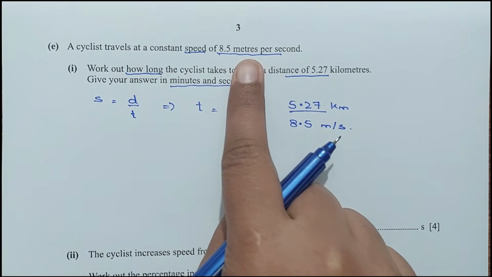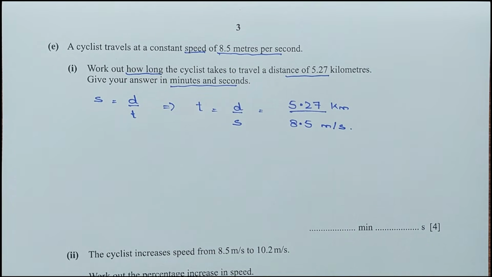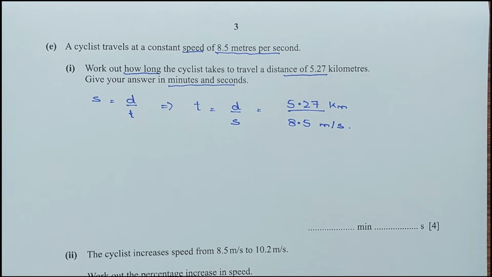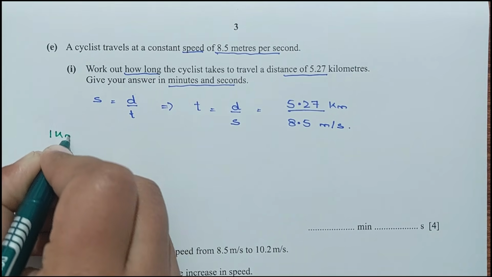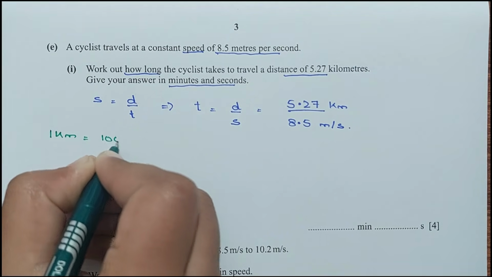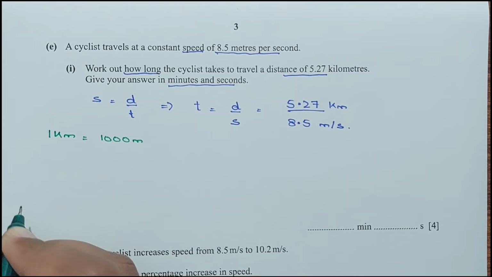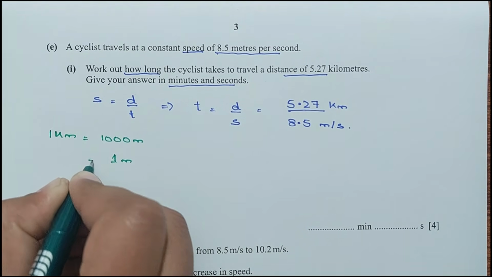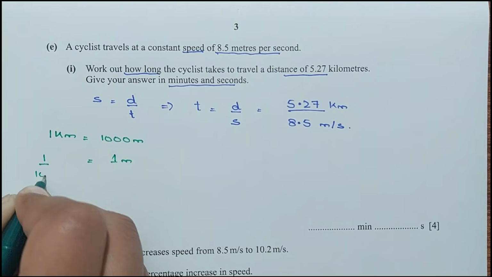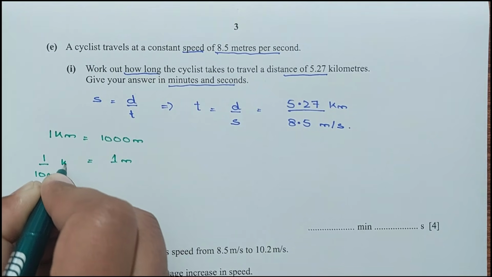Now we have to convert meters into kilometers first. According to the conversion, 1 kilometer has 1000 meters, so 1 meter has 1 over 1000 kilometers.